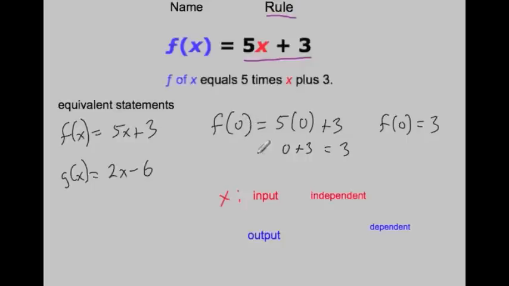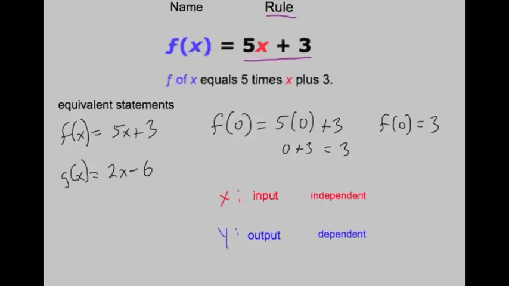But the output value, and we know that the output value is also known as the y value. The y value depends on the x value. Since it depends on the input, we call it a dependent variable.